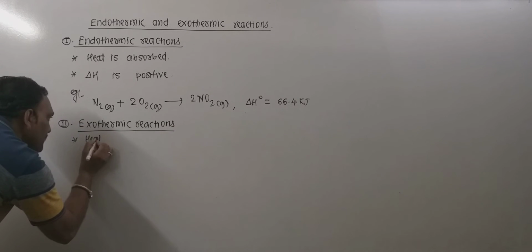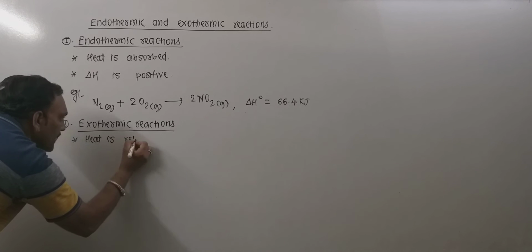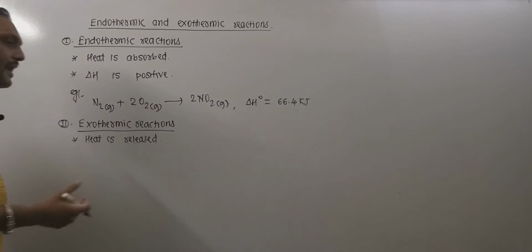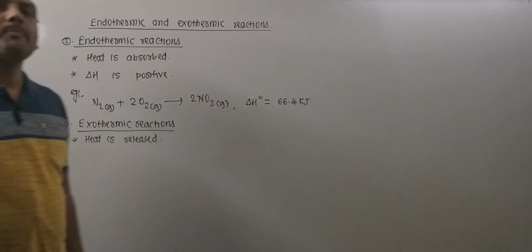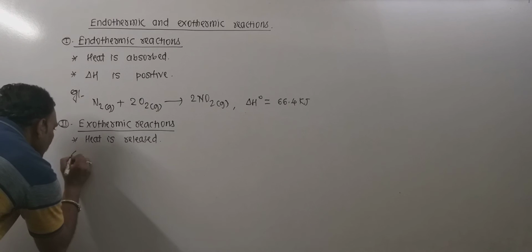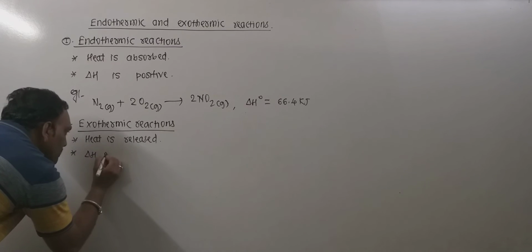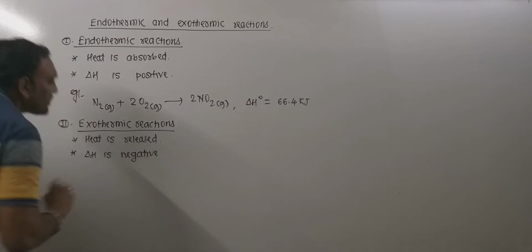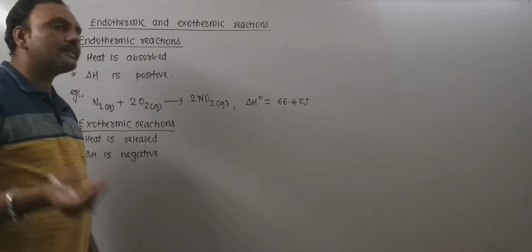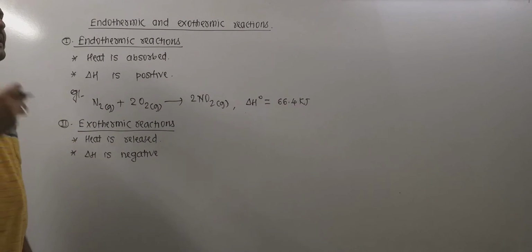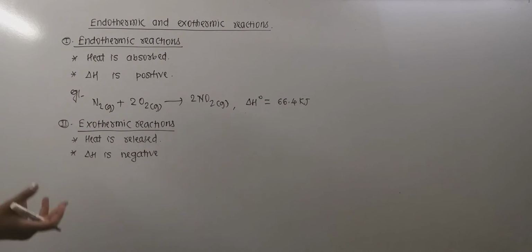So heat is released in these reactions first of all, and hence the enthalpy of product is lesser than that of reactant. Thus delta H is negative for this type of reactions, and ultimately products are more stable than the reactants as far as exothermic reactions are concerned.